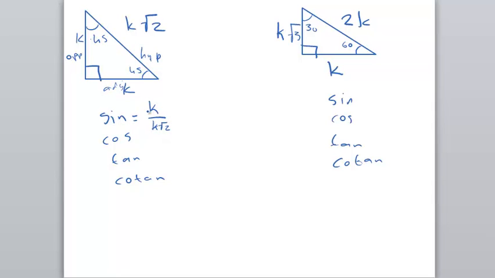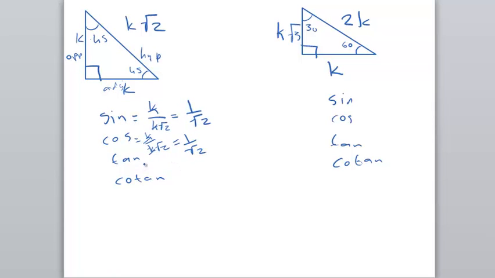This means k cancels out, so it will be equal to 1 over root 2. What about cosine? Cosine is equal to adjacent over hypotenuse, which will be equal to k over k root 2, which is equal to 1 over root 2.